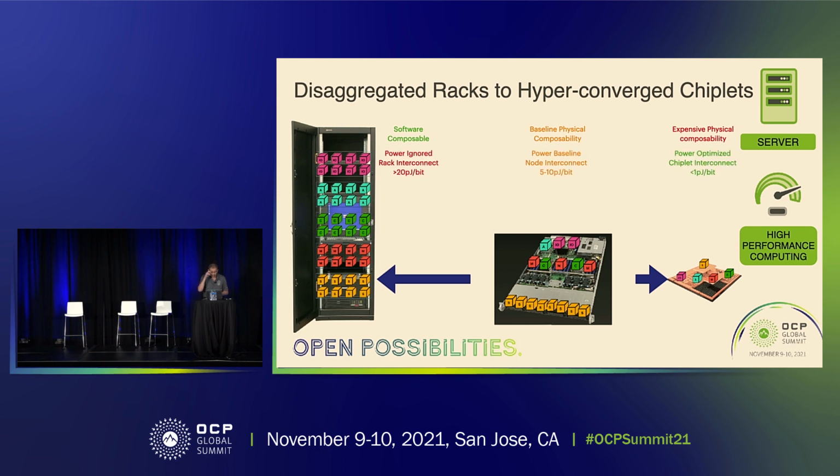From a power baseline perspective, you're in the 5 to 10 picojoules per bit in a standard server. In a rack, you've got to move the data up and down the rack, so you're well over 20 picojoules per bit plus. And the whole objective of this chiplet business is getting to sub-picojoule per bit, which is fantastic.